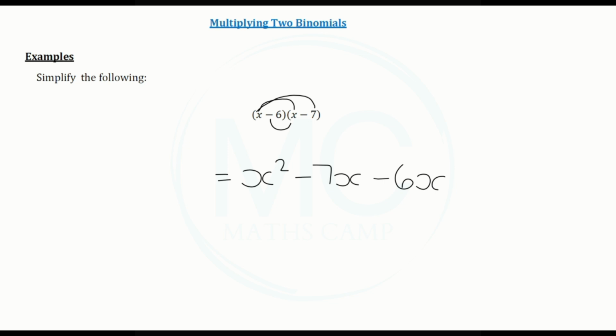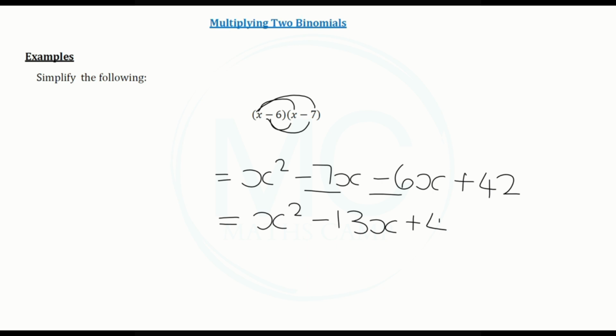And finally, we multiply negative 6 by negative 7, which gives us positive 42. Now we can add our like terms. We have x squared. We have negative 7x minus 6x, which gives us negative 13x. And then we add 42.